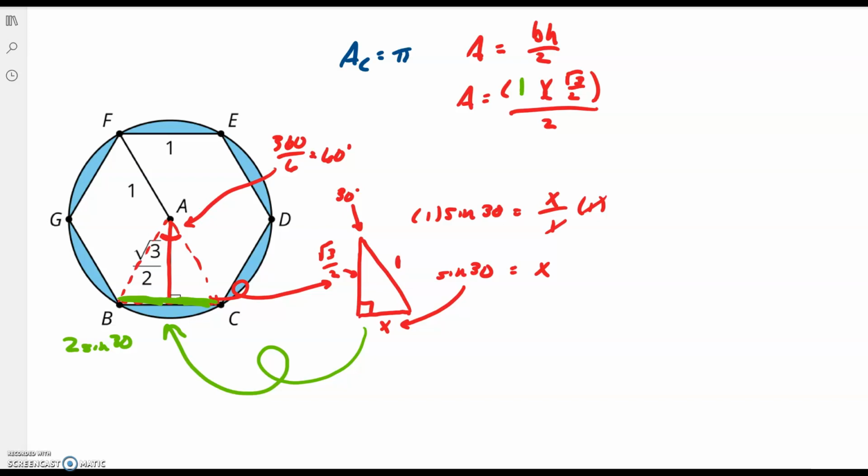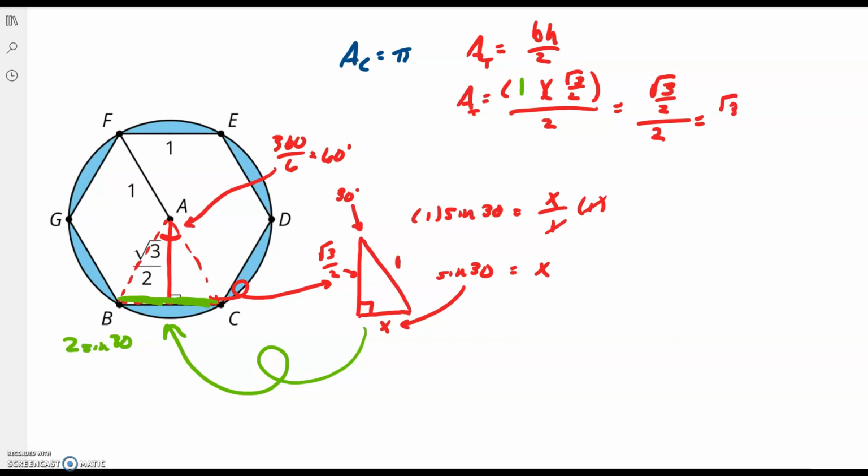Now I can multiply this out to find the area of this triangle. Remember the area of the triangle: 1 times the square root of 3 over 2 is just the square root of 3 over 2, but then I need to divide that by 2. Remember how to divide a fraction by a whole number?